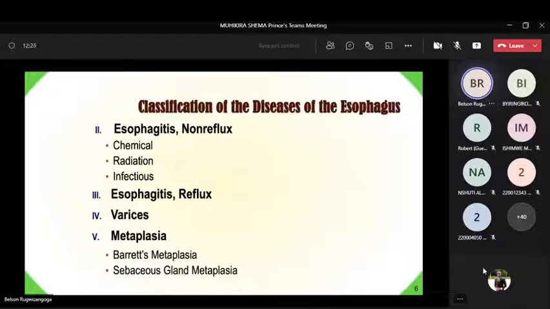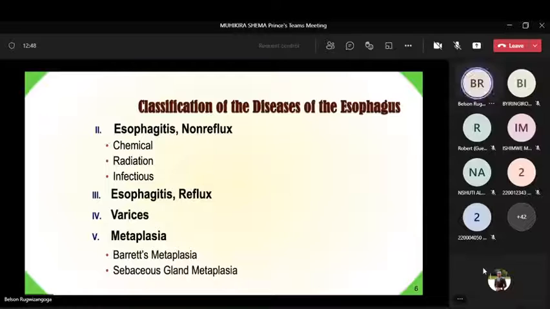So when we see this, it means the patient has undergone reflux, gastric reflux, for a long time. The cells have changed, and when we see this, we don't just say it is a metaplasia. As a matter of interpretation, the clinicians know that when we say Barrett esophagus, it means it is already a precancer lesion.